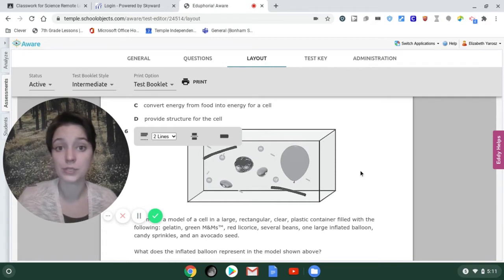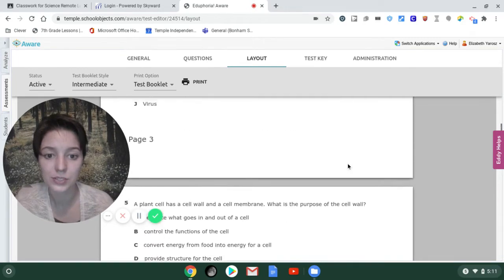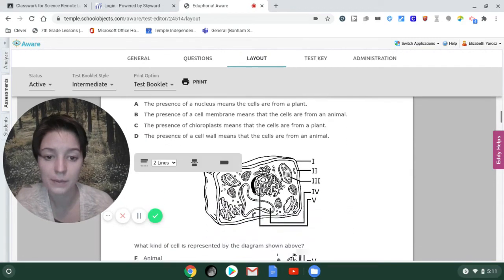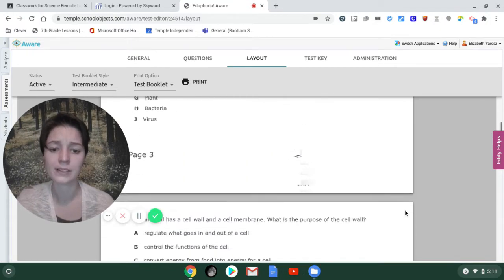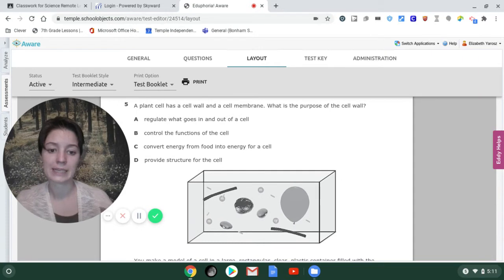Now, in animals, typically the nucleus is your largest organelle. But in plants, just like in this diagram right here, here's our nucleus, but we have a larger organelle there. That's the central vacuole. A central vacuole in plants stores water, and it can take up to 90% of that plant cell.